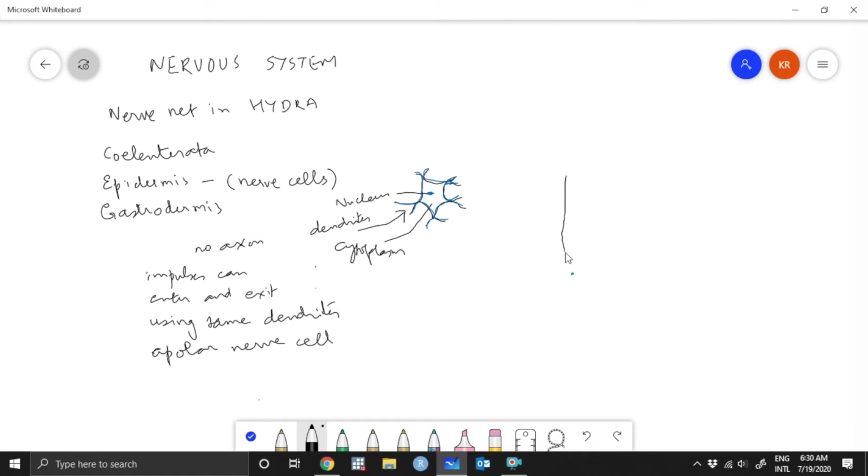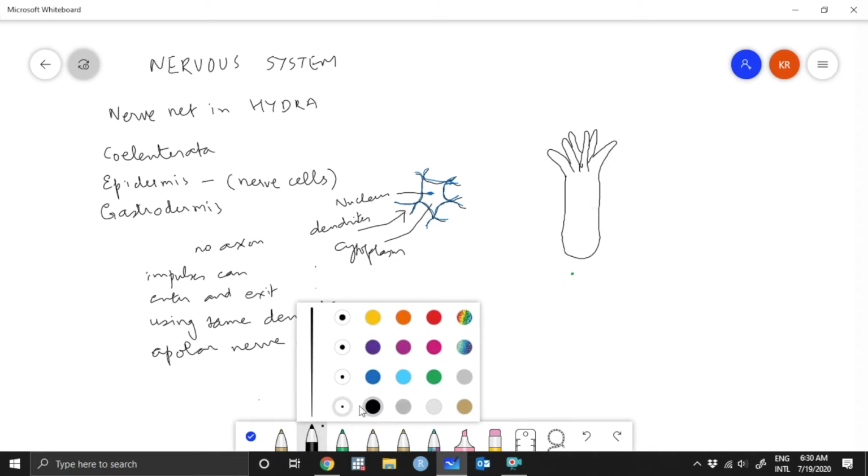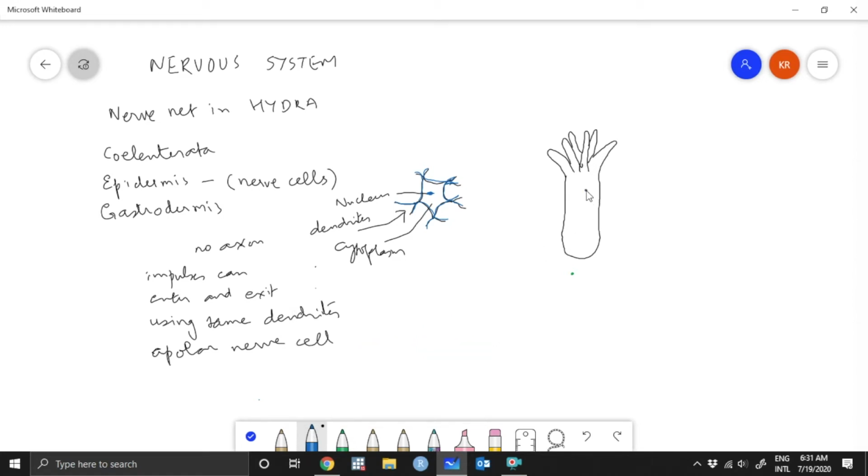So suppose this is Hydra. So there will be cells.